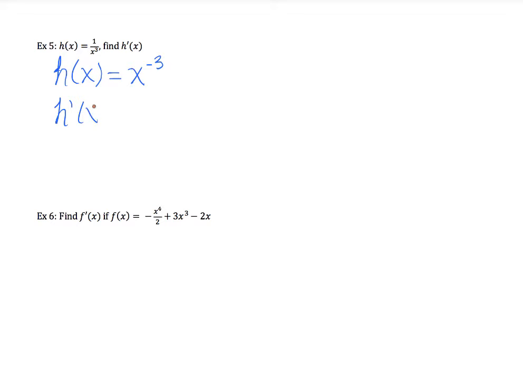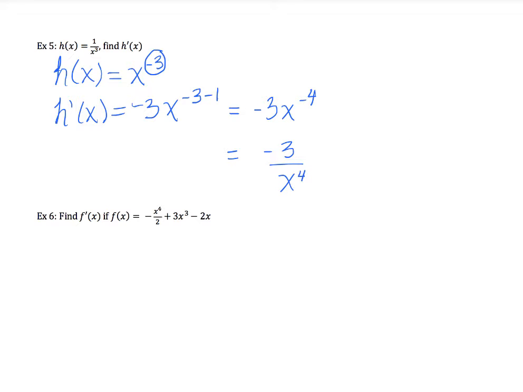So using power rule, the derivative would be negative 3 multiplied by x to the negative 3 minus 1. Negative 3 minus 1 is negative 4. So we have negative 3 x to the negative 4. But we don't want to leave negative exponents in our answer, so we would go ahead and rewrite this negative exponent. So our derivative is negative 3 over x to the 4th power.